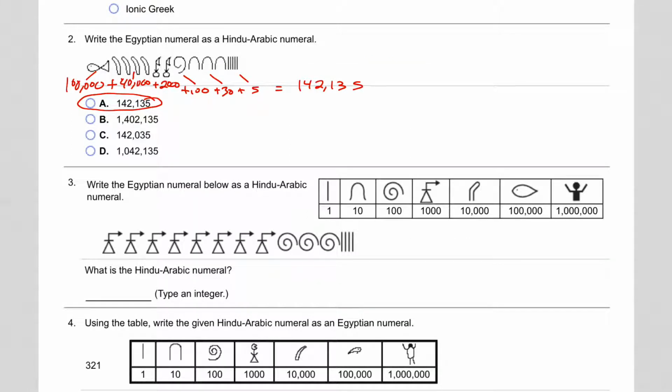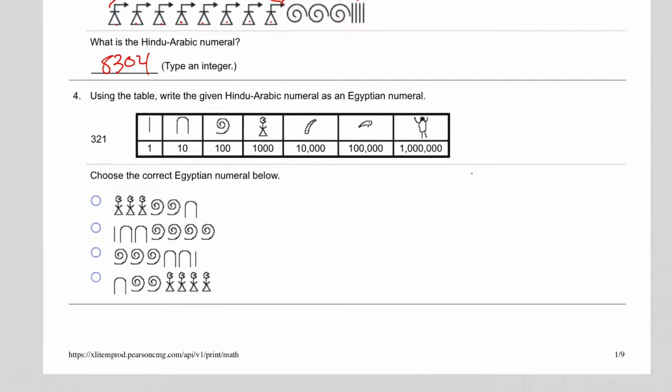All right, number 3, the Egyptian numeral below, we're going to go ahead and do the same thing. So we have 1, 2, 3, 4, 5, 6, 7, 8 symbols for the 1,000, so that's 8,000. We have 3 symbols for the 100, so that's 300, and 1, 2, 3, 4 for that, so that's 8,304.